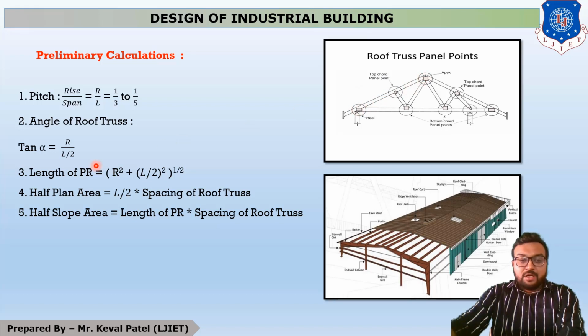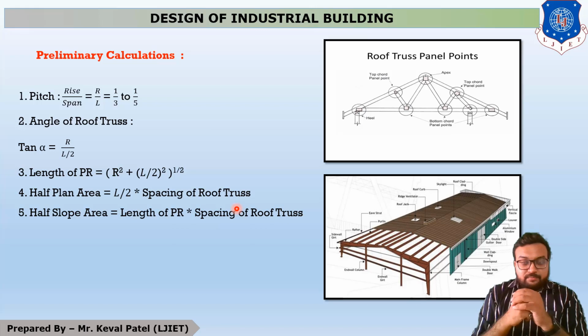The length of principal rafter is under root r square plus l by 2 square. So we will get our answer, the length of principal rafter. Now these two terms are very important. I repeat, these two terms are very important.